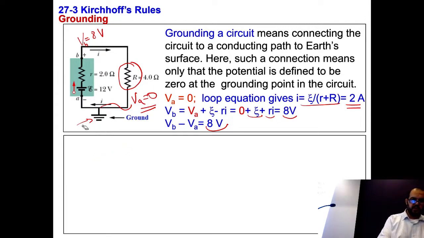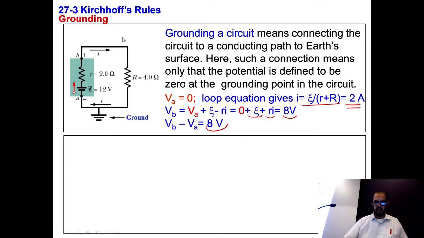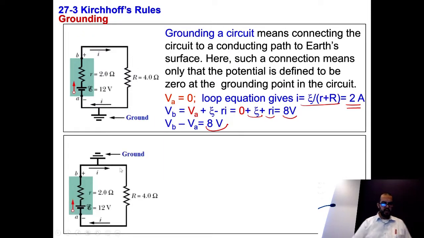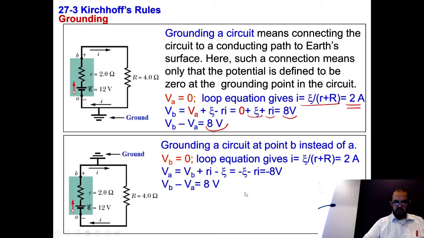Okay, so let's illustrate how we can change the ground. Let's assume we take another point as a ground. So instead of connecting it this way, we're going to connect ground to another point. So here, instead of connecting ground to point A, we're connecting the ground to point B. Okay, the potential differences are not going to be affected, but the values are going to be different.